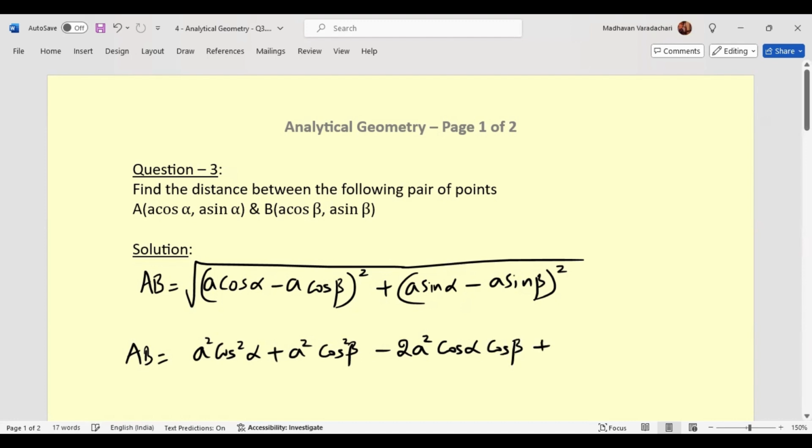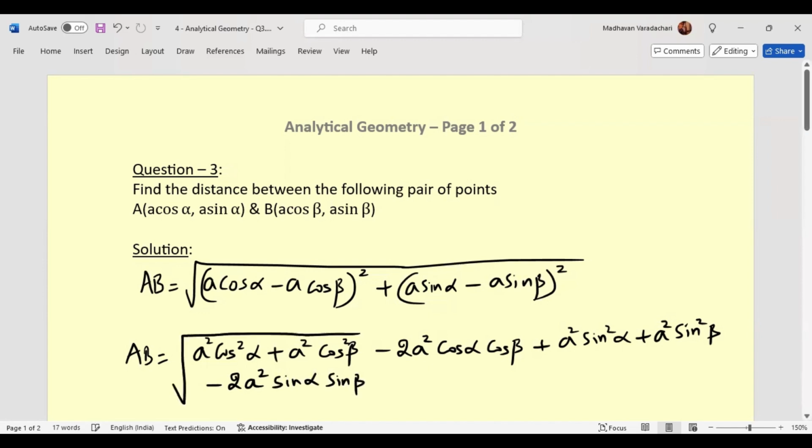plus expanding a sin alpha minus a sin beta, we get a square sin square alpha plus a square sin square beta minus 2a square sin alpha sin beta.